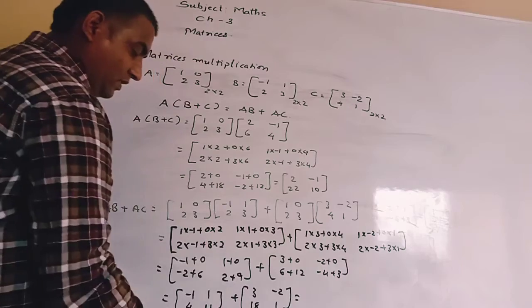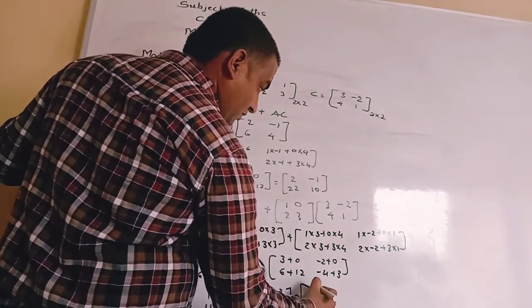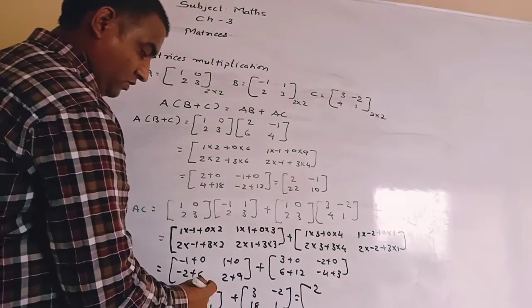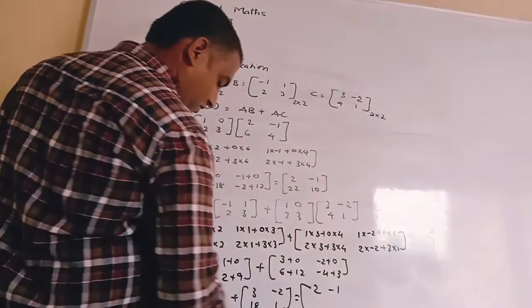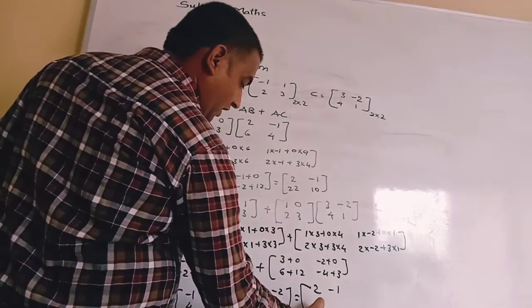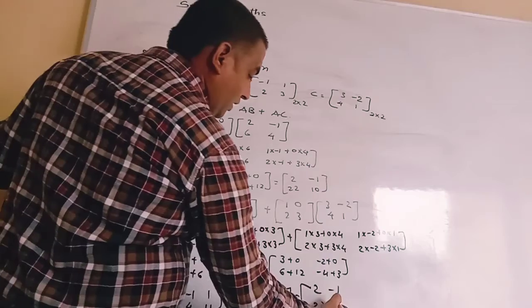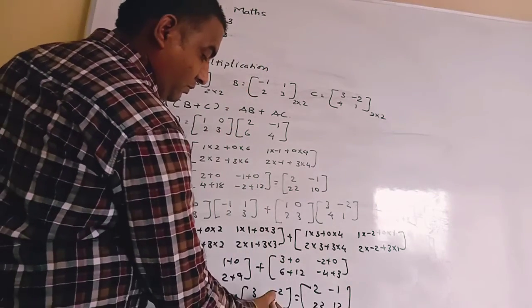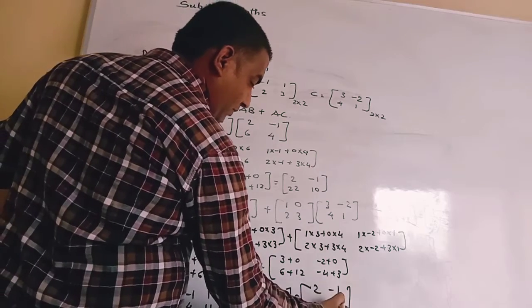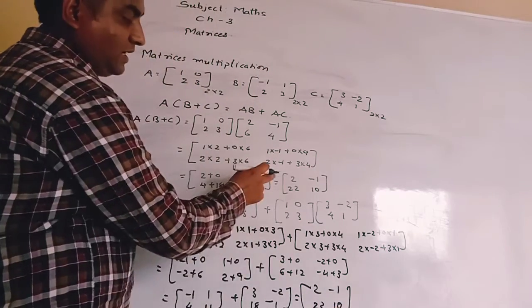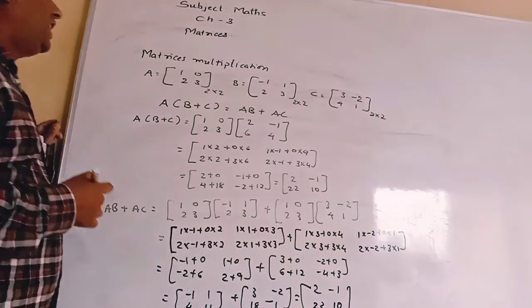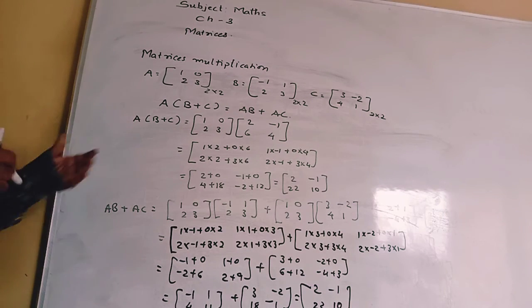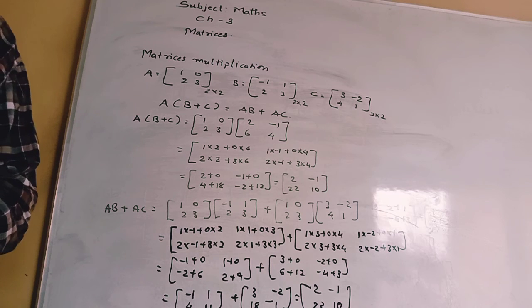We add them: 3 minus 1 is 2, 1 minus 2 is -1, 4 plus 18 is 22, and 11 minus 1 is 10. And so we can see that both the answers are equal. So we can say that matrix multiplication also follows the distributive law over addition.